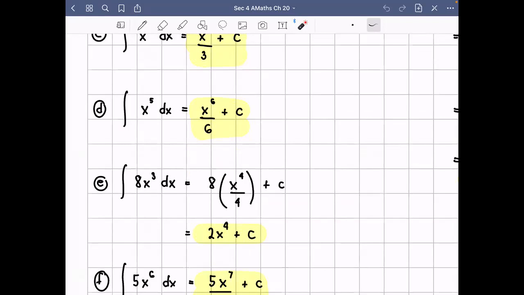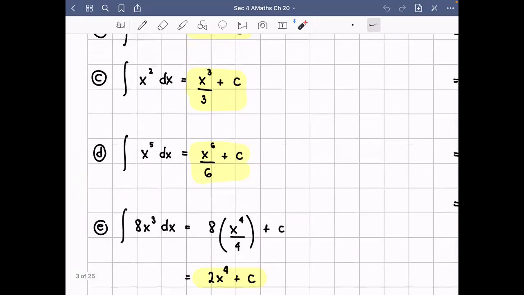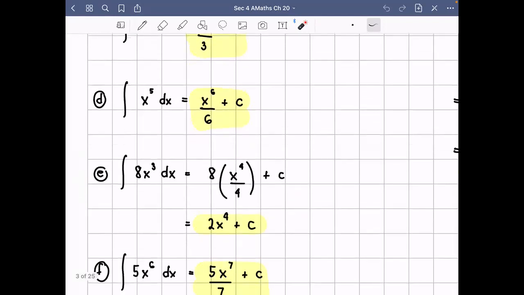So let's have letter E. Now what if we have a coefficient, which is 8? What if we have 8x cubed? Before, we just had x raised to 5 or x squared. So what now if we have coefficients? The antiderivative of 8x cubed is equal to 8 times the antiderivative of x cubed, which is this one.